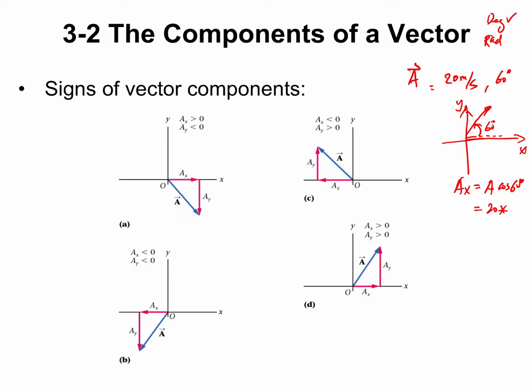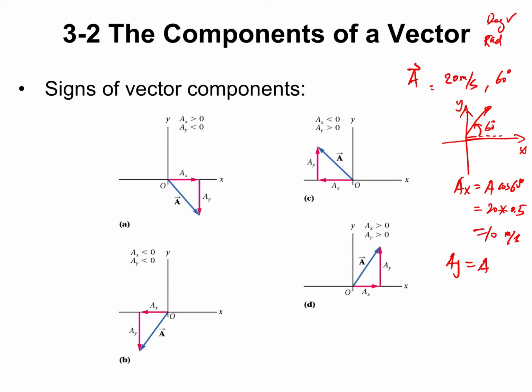Then this gives you the right value, right? 60 cosine will be, 60 times cosine is 0.5. I'm sorry, I got it wrong. So 0.5, right? So this is 10 meters per second. So what is Ay? Sine 60 is actually 0.866.